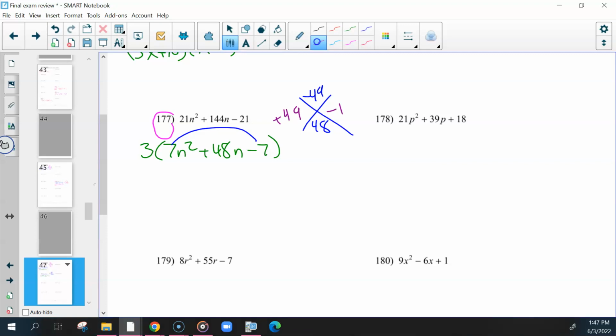So we could rewrite this into 4 terms. 7n squared plus 49n minus n minus 7.